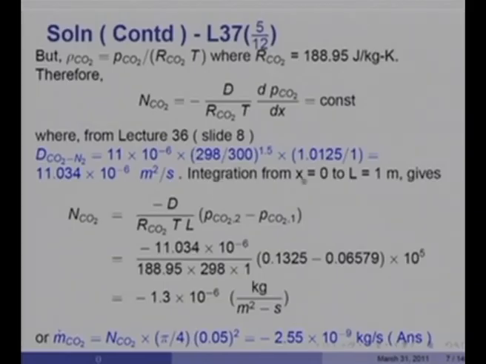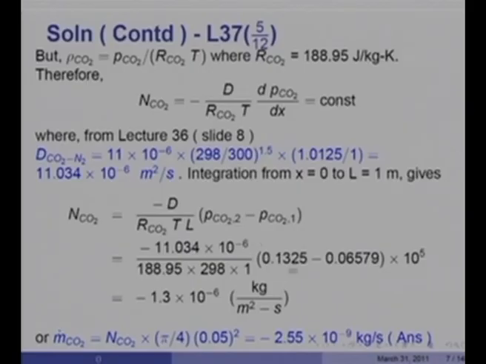So, integration of this equation from x equal to 0 to x equal to L gives nCO2 equal to minus diffusivity divided by R CO2 T L, into PCO2 2 minus PCO2 1, with diffusivity equal to 11.034 into 10 raised to minus 6, 188.95 as R CO2, temperature 298 K, and L, the length of the tube, is 1 meter.